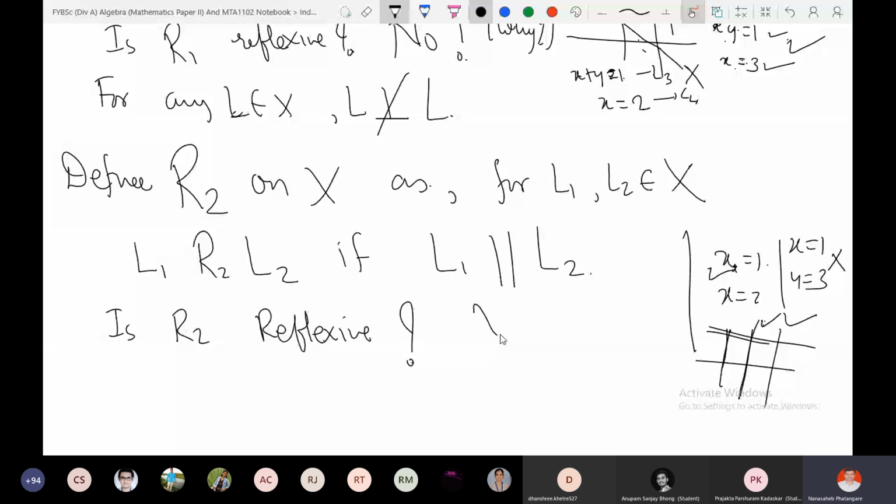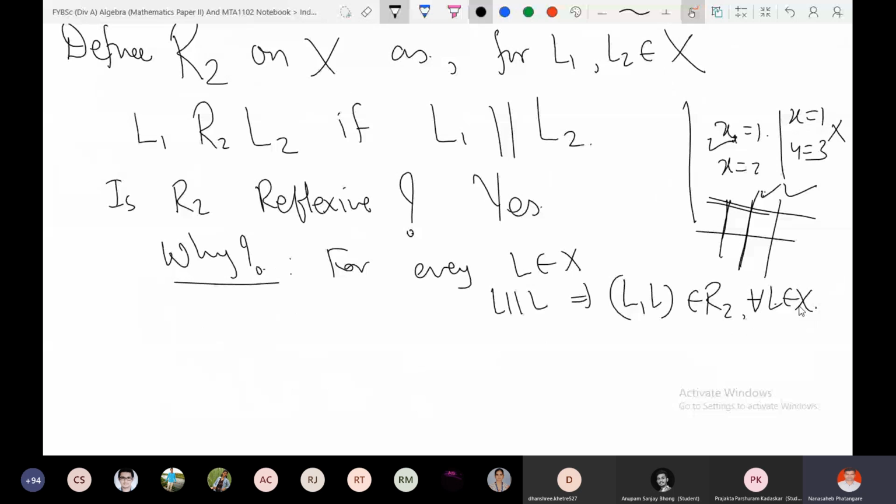You should write down the reason: for every L in X, L is parallel to L. So every line is parallel to itself, and therefore (L, L) is a member of R2 for every line in X. No line is missed out. You choose any member of the collection of lines and you find that the line is parallel to itself. Therefore, this is a reflexive relation.